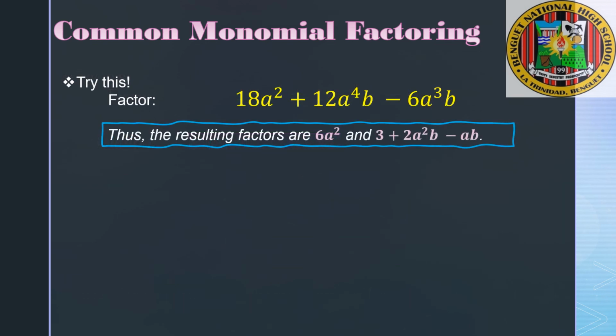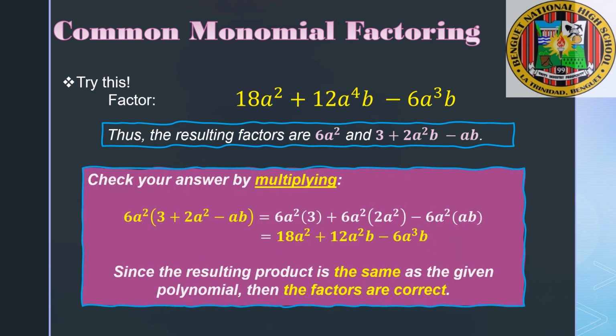To check our answer, we multiply the factors we have solved for. If we multiply them right, then our answer is the same as the given trinomial, which means that our factors are correct. Good job!